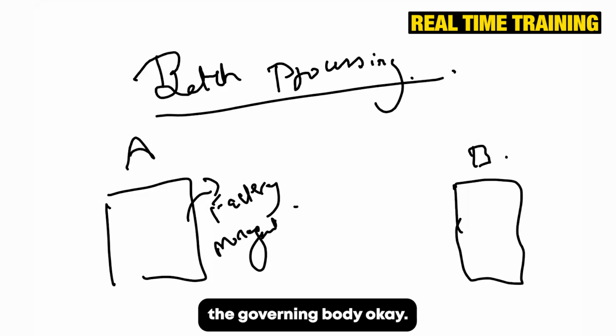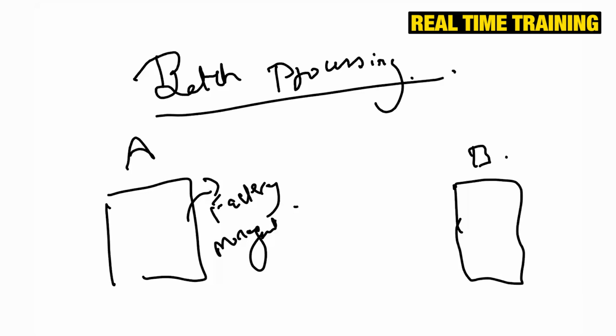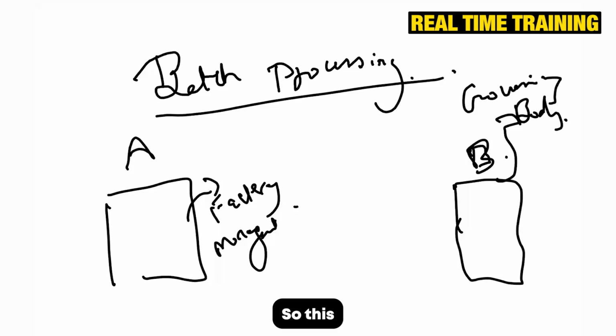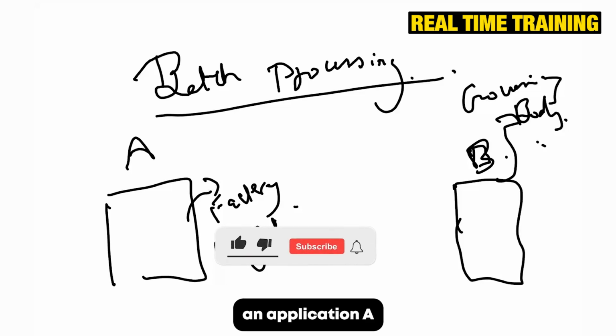Let's assume B is the governing body, the government. This agency regulates all the factories. So this is application A, and this is application B.